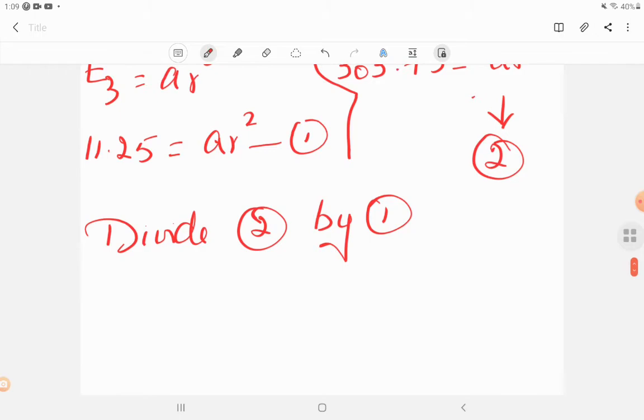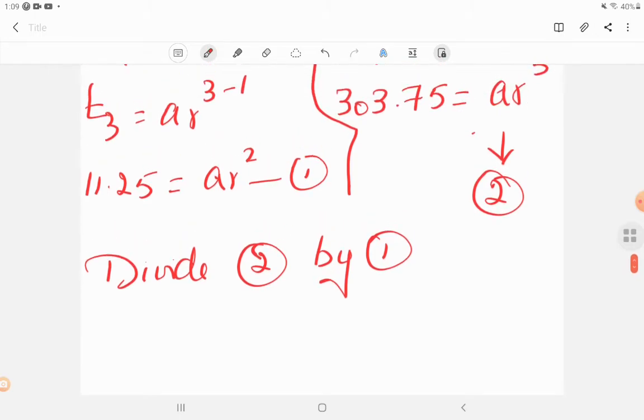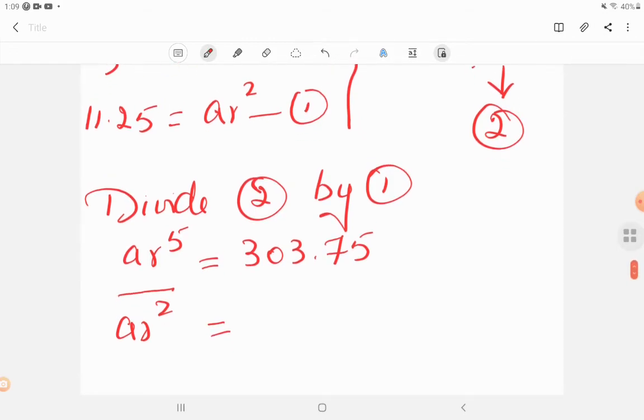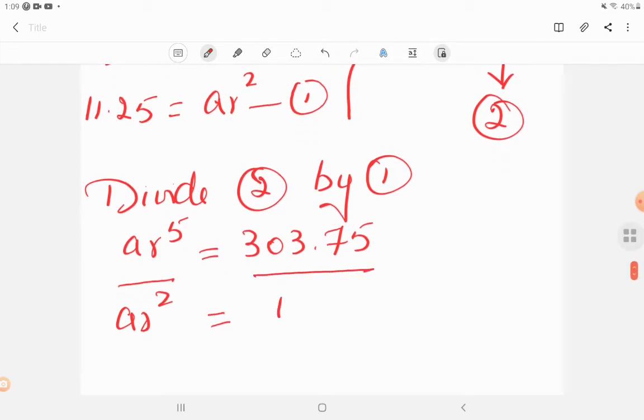The second equation is AR to the power of 5 is equal to 303.75. And the first equation is AR squared is equal to 11.25. So we don't have to write the equal to here.